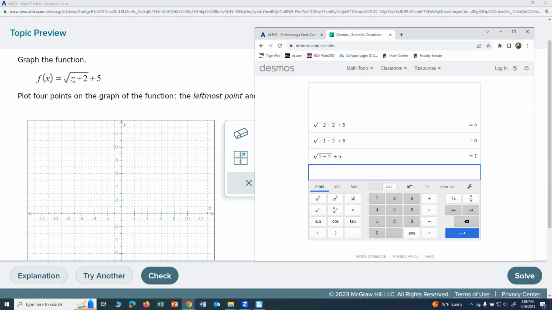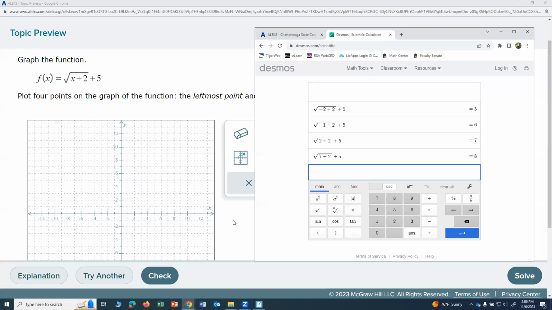X would have to be 7 in order to make x plus 2 equal 9. So I'll do square root of 7 plus 2, add 5. So there are my points. I have the points -2, 5, -1, 6, 2, 7, and 7, 8.